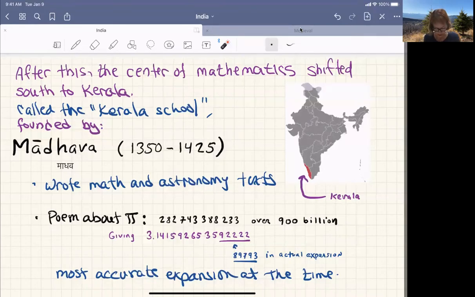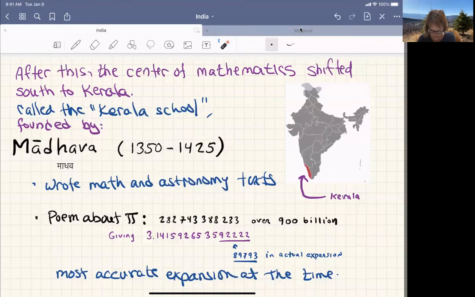So what did he do? He wrote math and astronomy texts. He wrote a poem about pi. So it's amusing that many of these ancient Indian mathematicians wrote their works in a more poetic language.